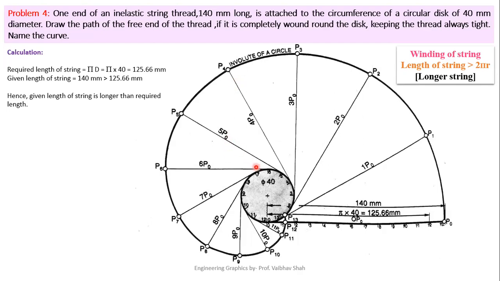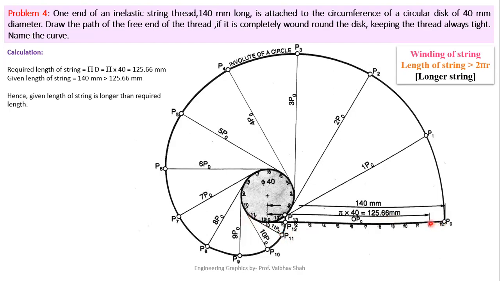Now 5 to P0, from 5 you will have P5. Similarly 6 to P0 you will have P6. You have to take the dimension of 7 to P0, you will have P7, 8 to P0 gives P8, 9 to P0 gives P9, then P10, P11. Now you have to take the dimension of 11 to P0. From your point 11 you will have this point as P11.